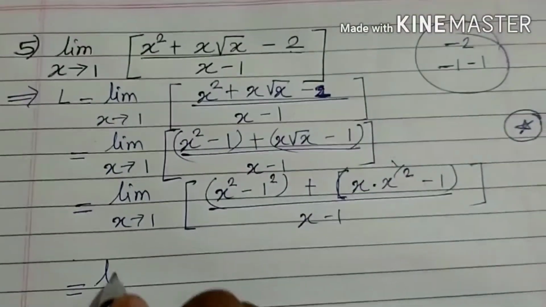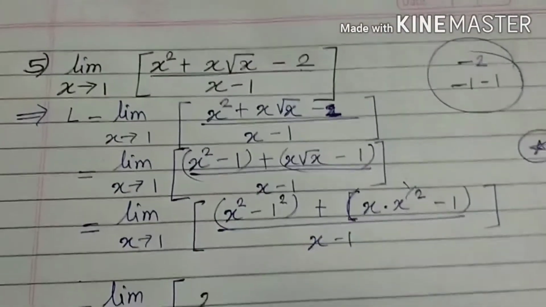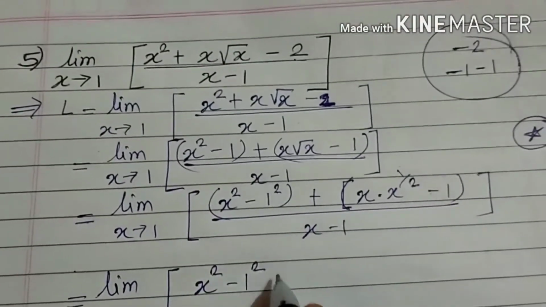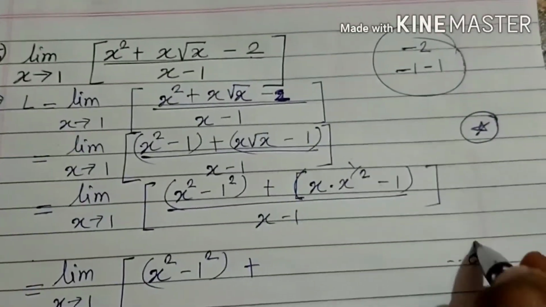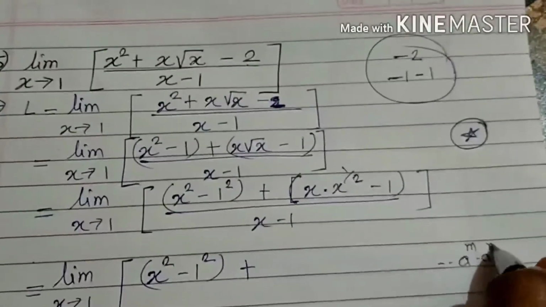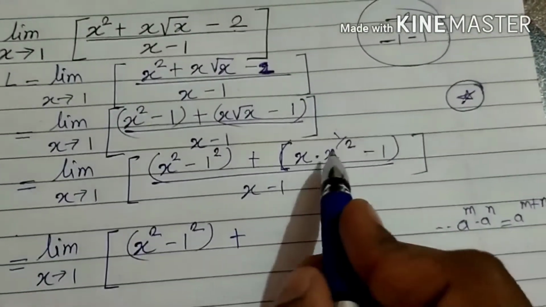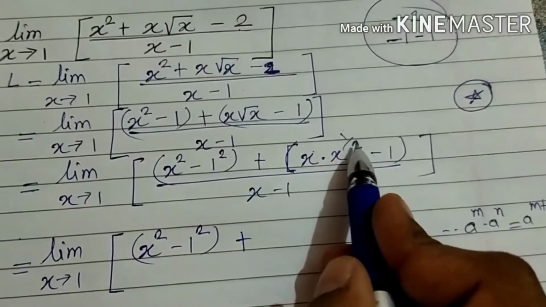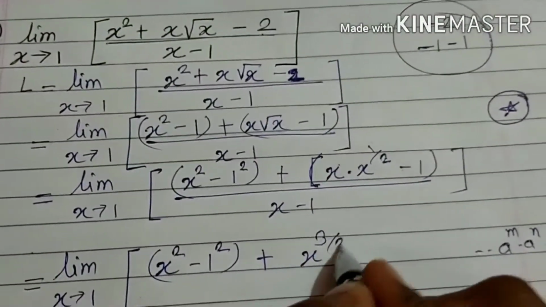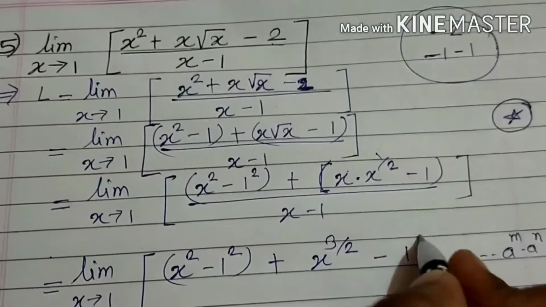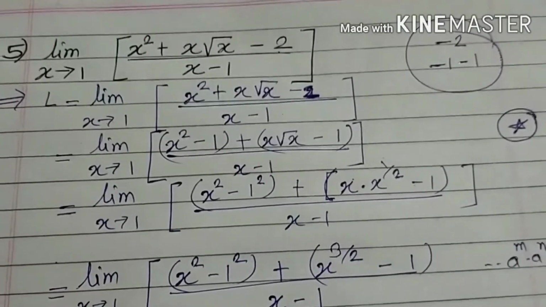So in the next step, now we know the laws of indices: a raised to m into a raised to n is equal to a raised to m plus n. So using that law, it is 1 plus 1 by 2, so it is 3 by 2, x raised to 3 by 2, and it is minus 1 upon x minus 1.